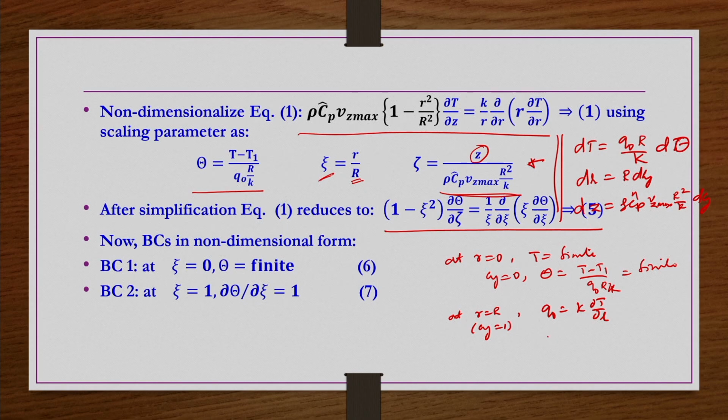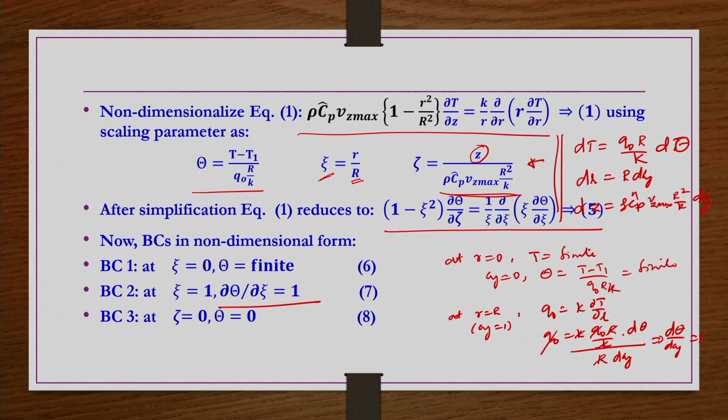So, q naught is equal to k, dT is nothing but q naught R by k d capital theta, this entire divided by dr, which is nothing but capital R d xi. So, this q naught, this k, this R cancel out. So, d capital theta by d xi is equal to 1. So, that is what this is.